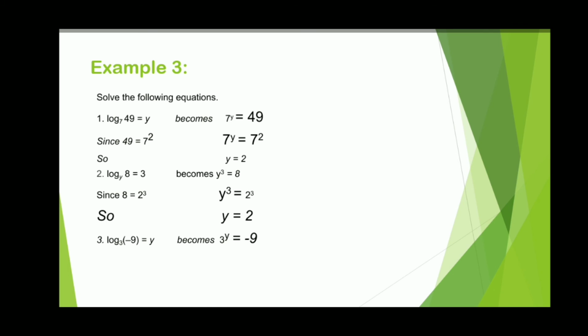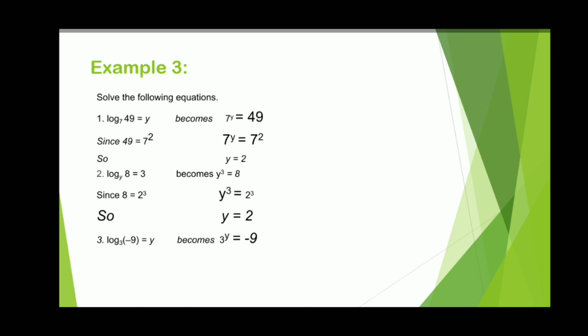So what's the multiple of 8? 2 times 2 times 2. We multiply it 3 times, so it becomes 8. We remove the same parts, so y equals 2. We remove the exponent because they are the same. That's the answer to number 2.